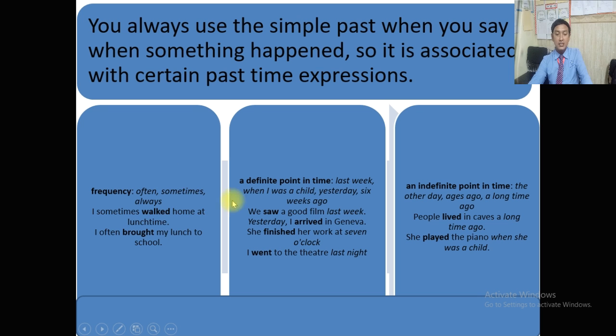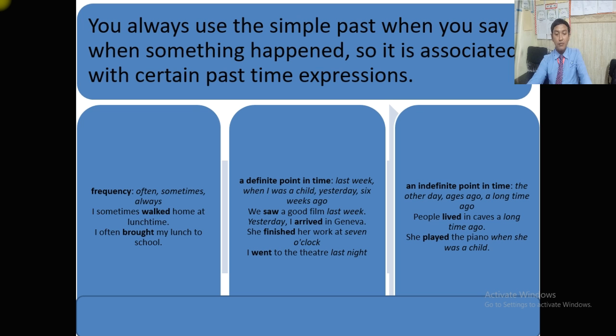This just gives you some kinds of adverbs of frequency: often, sometimes, always, occasionally, generally, usually. All of these are adverbs of frequency, and they show how often something happened in the past.